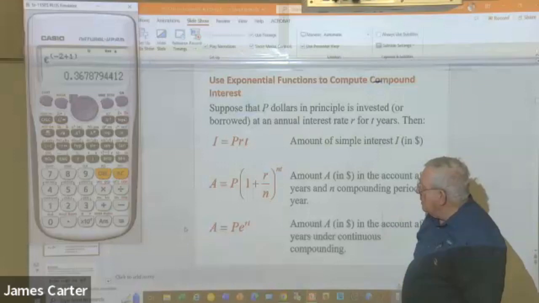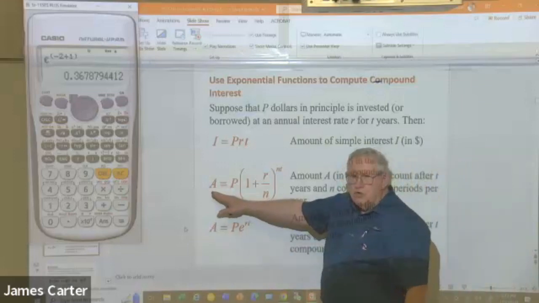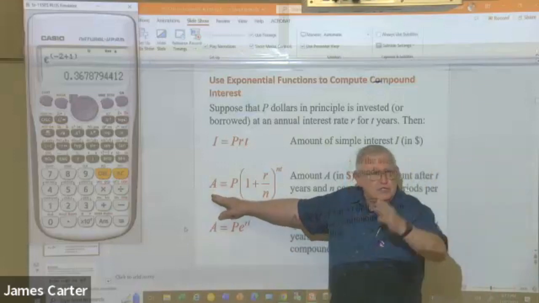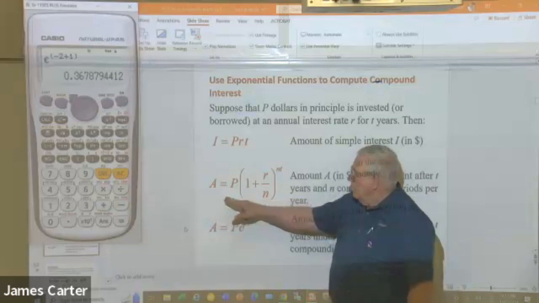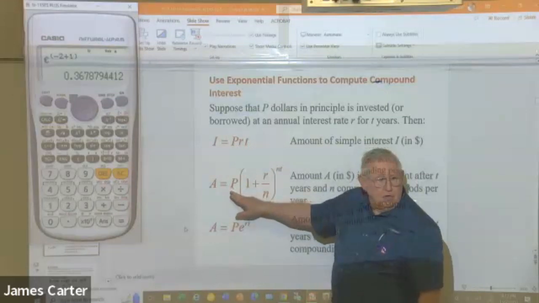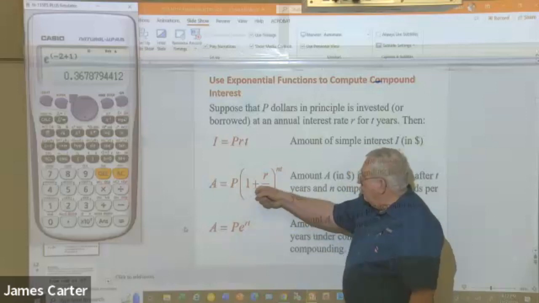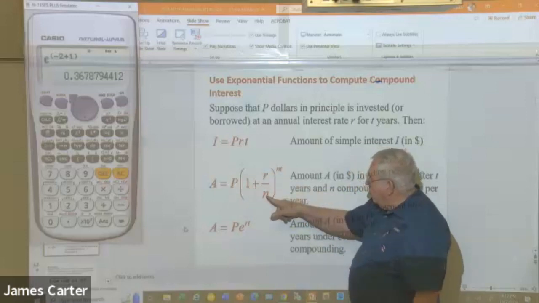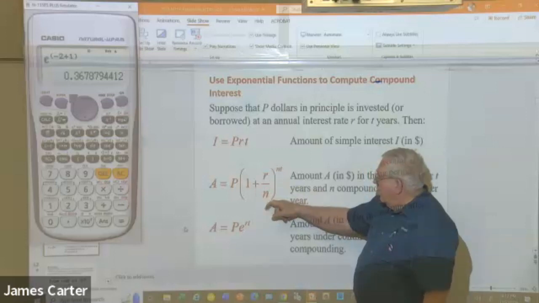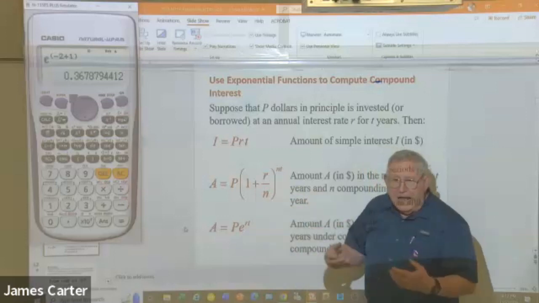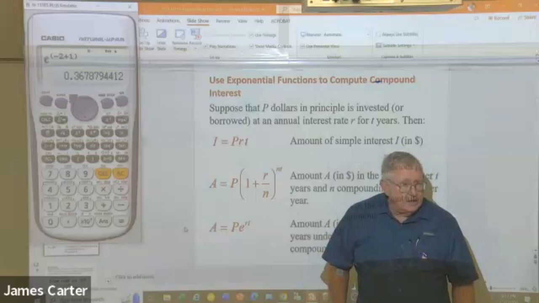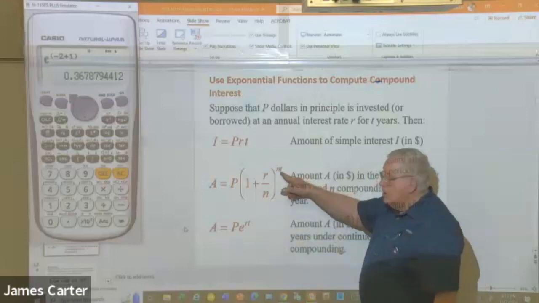Now, what does this mean? This means the total accrued amount with interest on interest is equal to the amount you borrowed times 1 plus the rate over the number of times that it's calculated, raised to the number of times calculated per year times the number of years.